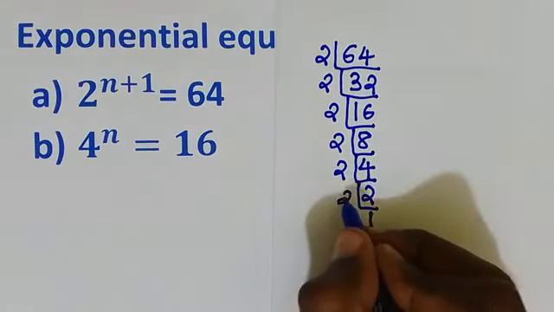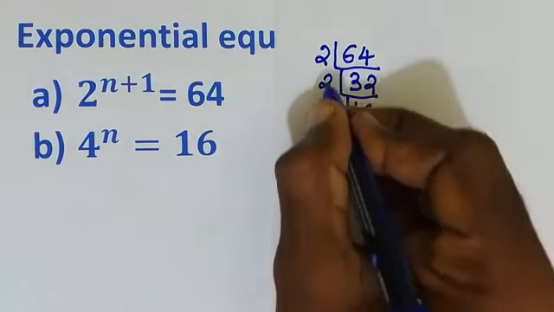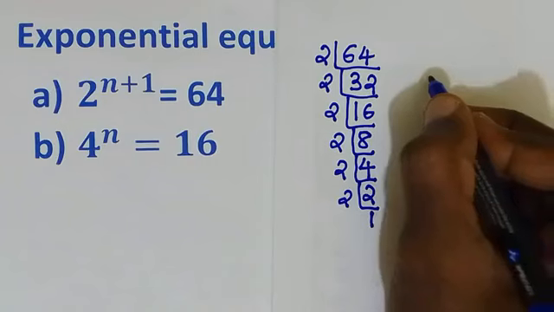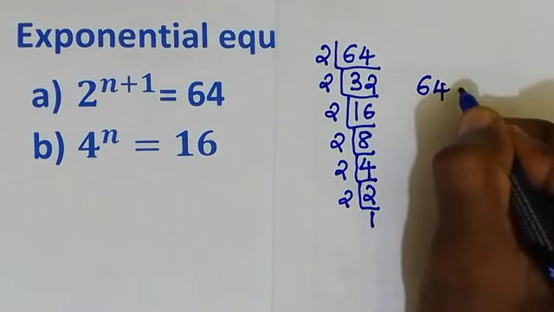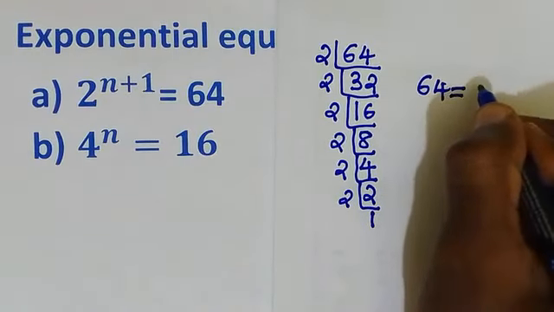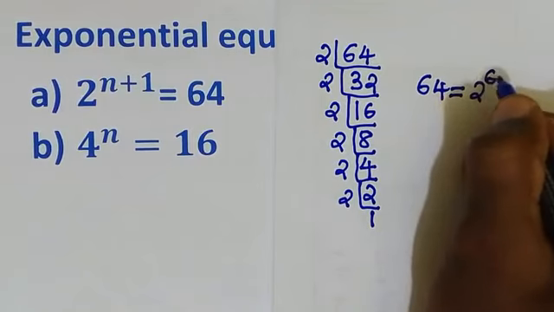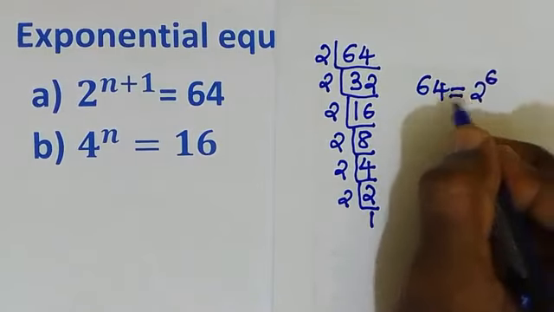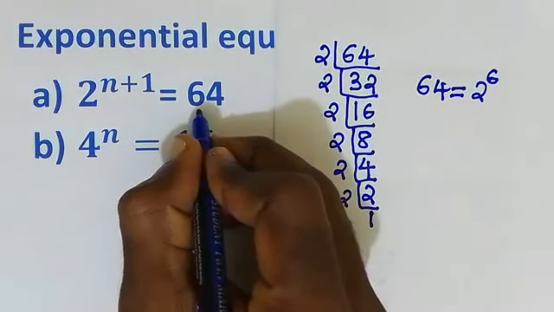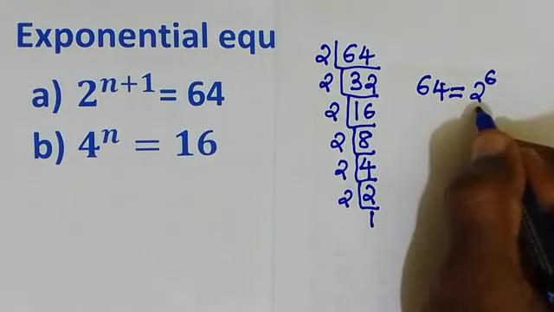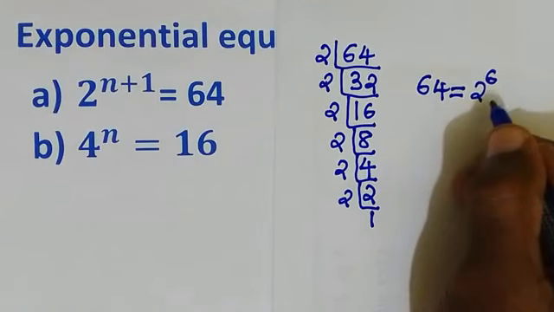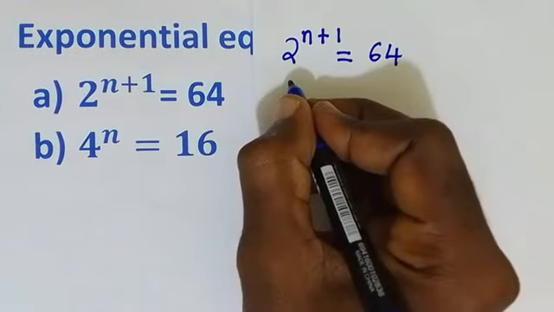So we have 1, 2, 3, 4, 5, 6. 64 is the same as 2 power 6. Already, we have changed 64 into power form. That is 2 power 6.